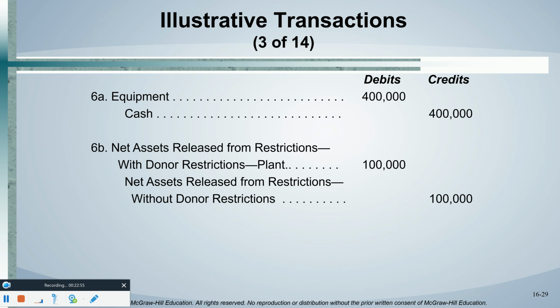Effectively, that $100,000 is going to go out of the with donor restriction column into the without donor restriction column. Remember, this operating statement has 2 columns. It's really 2 income statements in one. There's a column for without donor restrictions and a column for with donor restrictions. And this basically just moves the $100,000. It's a reclassification from with donor restrictions into the without donor restrictions column.